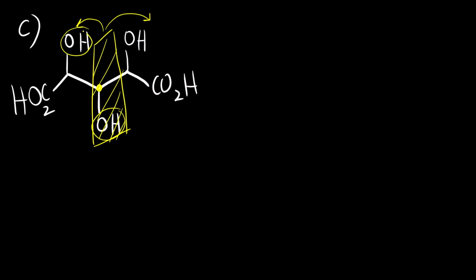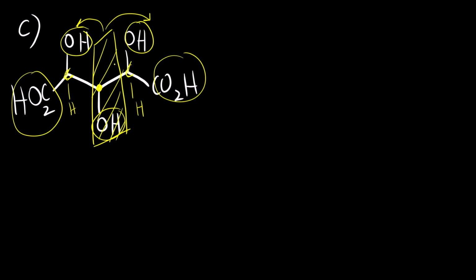Here we can see there is OH, carboxylic acid group and carbon, and one hydrogen as well. Both sides are exact mirror images of each other, so a plane of symmetry is present, which means this is going to be achiral. So this is one correct answer.